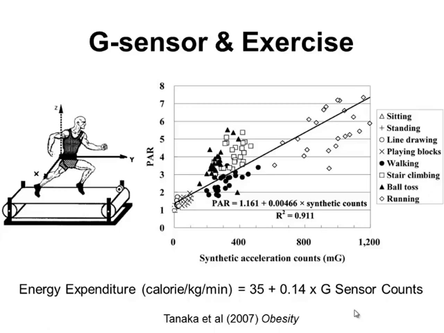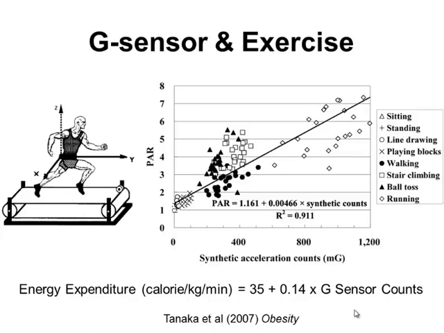For example, if the exercise is very small, such as sitting or standing, the change of the G force is very small. If you are walking, the change of the G is moderate. And if you are running, the variation of the G is very large.